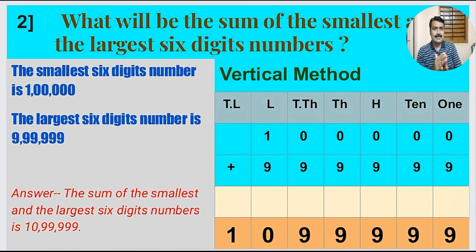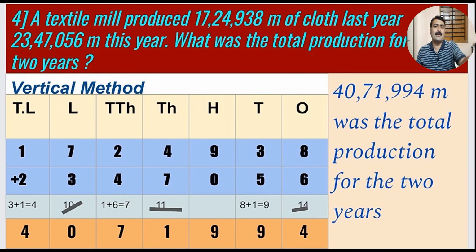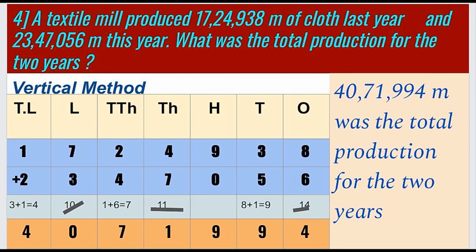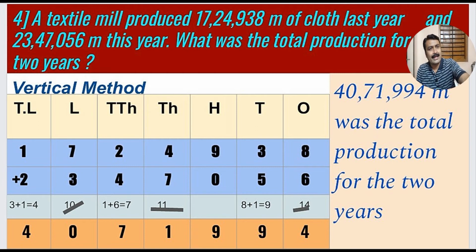So this is your second word problem in our problem set. After that we move towards the next word problem in our problem set. This is the fourth, so here I am taking serial number 4. The third problem I am leaving for you at the last.